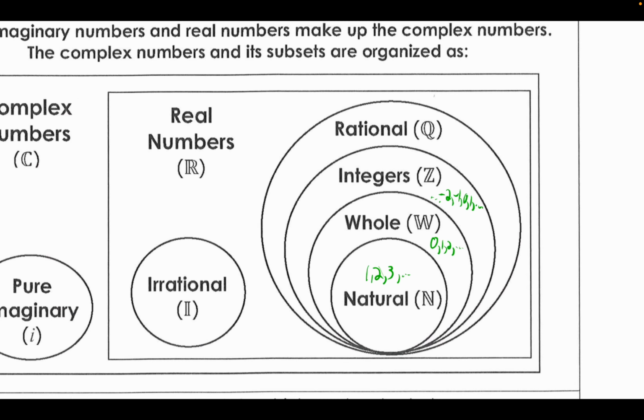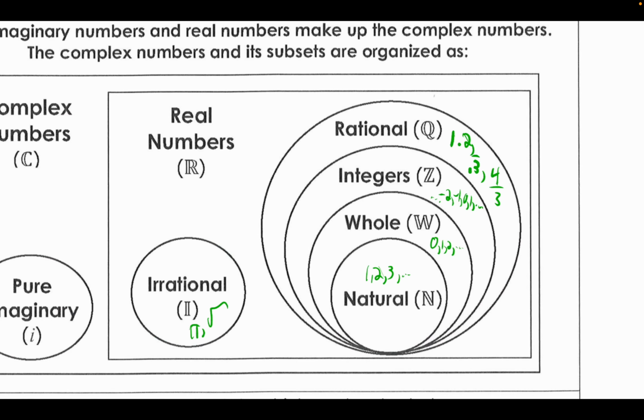Rational numbers, we start introducing some decimals and fractions: decimals that end, such as 1.2, decimals that repeat, such as 0.3 repeating, and fractions, such as 4/3. And once again, all the numbers before it as well, so a number like 2, for example, is also rational. And then irrational, which fits in real but not rational because it's the opposite of rational, would be a number like pi, which never ends or repeats.